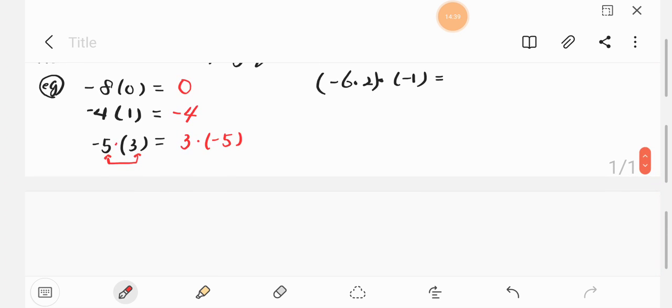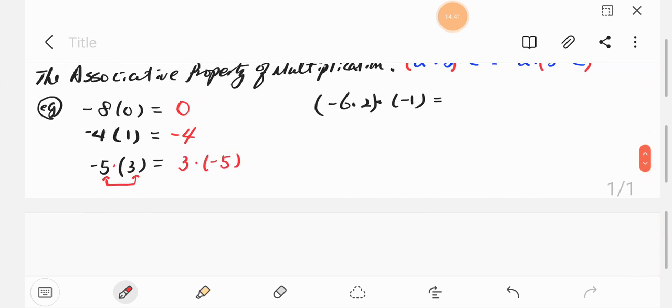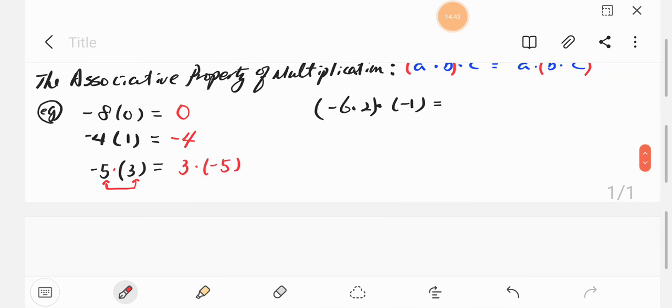How about this one? Okay, let's apply the associative property of multiplication. So why don't we write the numbers as they are? Don't change the order of these factors. What we're going to do is just change the grouping, regrouping, right? The left side of the equation multiplies the first two numbers, but this time let's multiply the last two numbers.